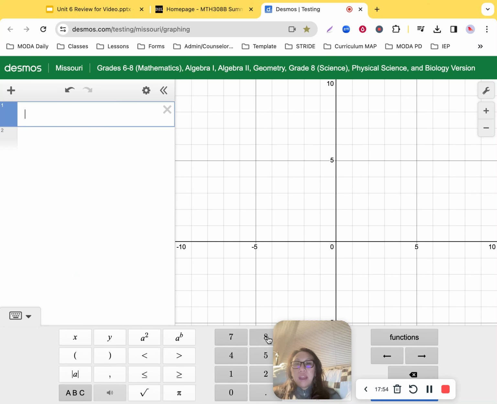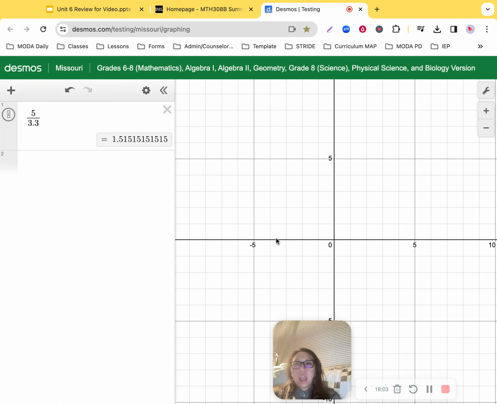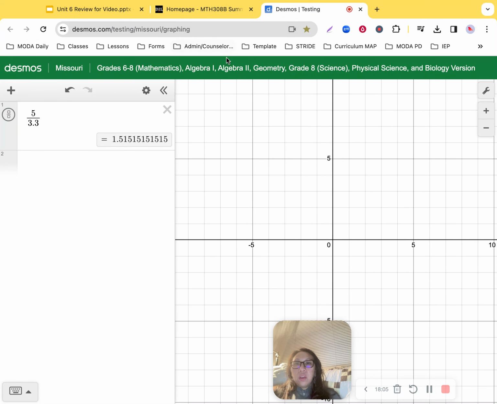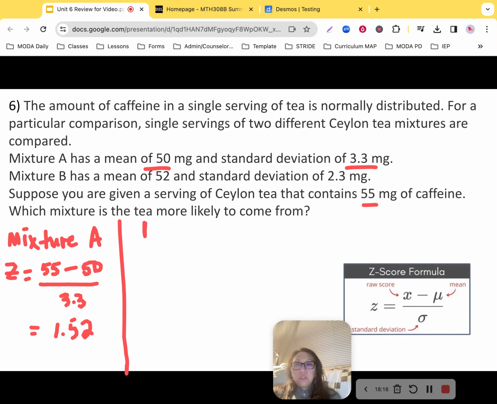So 5 divided by 3.3, we have about 1.52. Now we are going to find the z-score for mixture B.